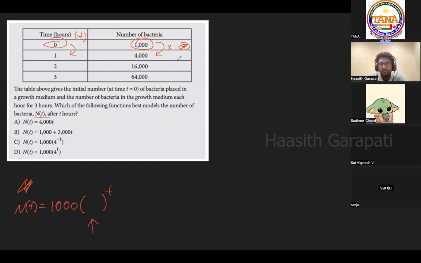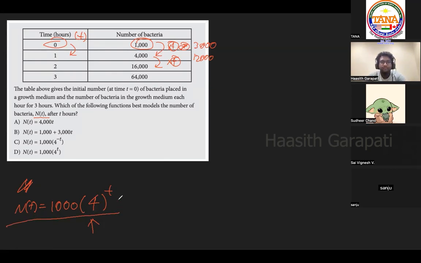Because if you did addition, it would increase by 3,000, and then if you did addition again, it would increase by 12,000. You might see a pattern there, but an easier pattern would be clearly it's multiplying by 4, right? And there you go. That's your growth factor. Every hour, it's multiplying by 4, and whatever your original population is gets multiplied by that. So yeah, there it is. So this is going to be the correct equation.